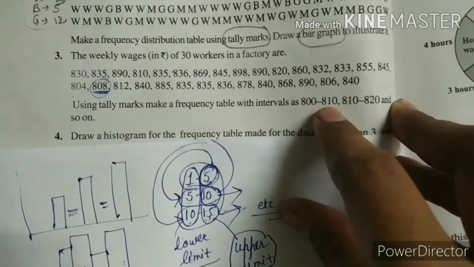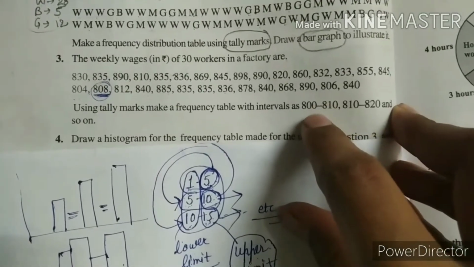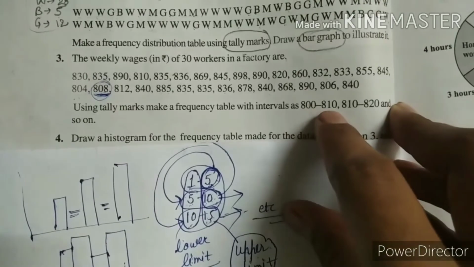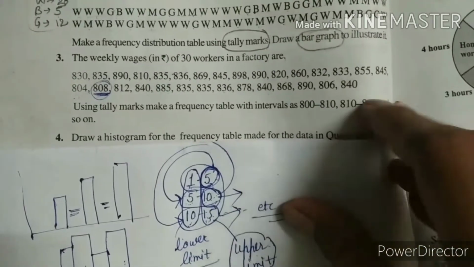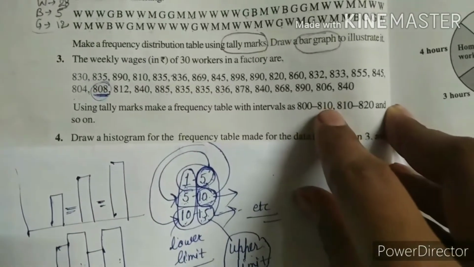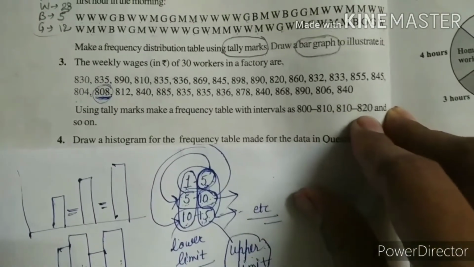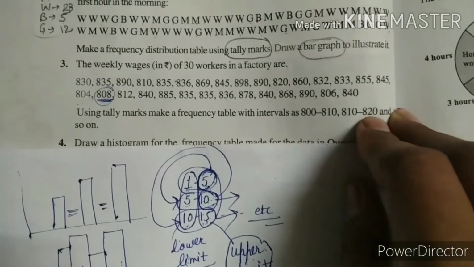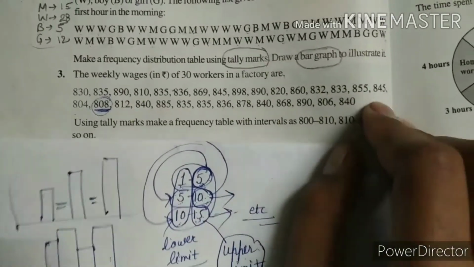So we have to take the intervals from 800 to 810. But how far will it go? 800 to 810, 810 to 820. But how far will it go on? So let's look at the given data very properly.